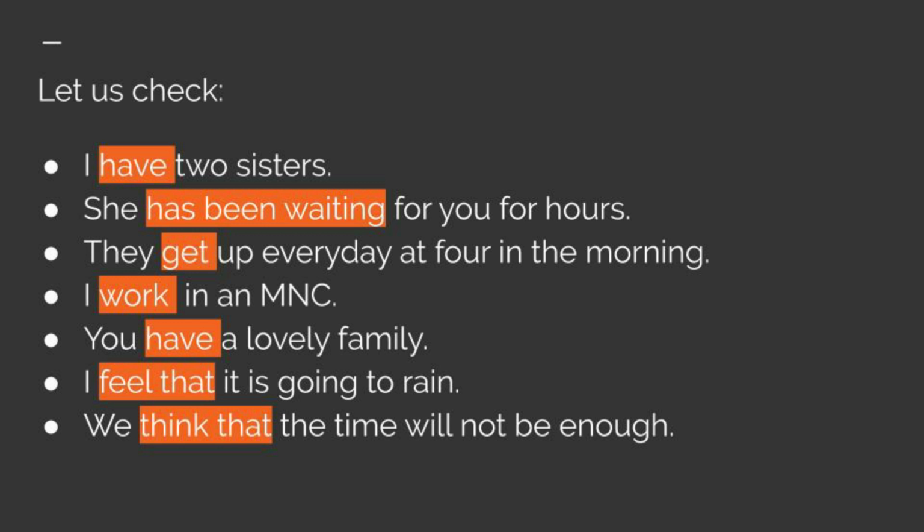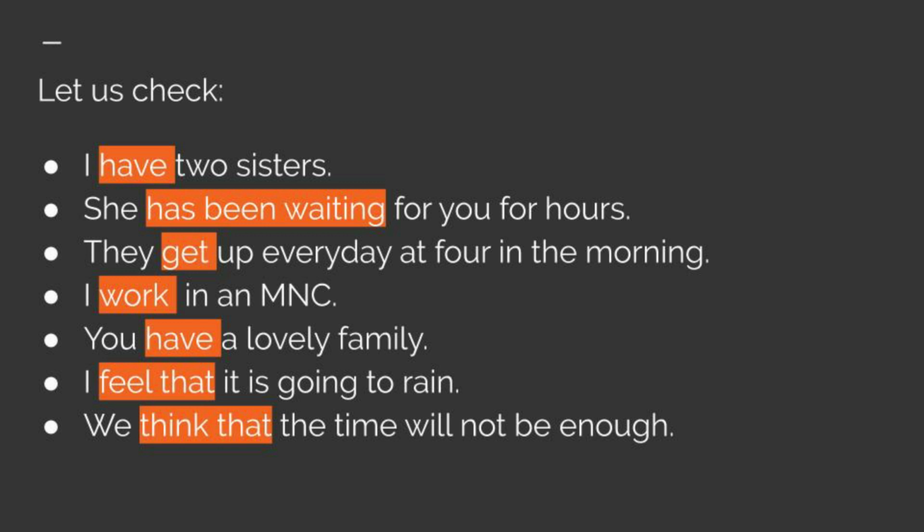Then, I'm feeling that it is going to rain. And again, feel is what kind of a verb? Yes, the one which has got exception. Yes, what is that? Verbs indicating mental action. So, feel. I feel that it is going to rain. The next sentence, I am feeling that it is going to rain.